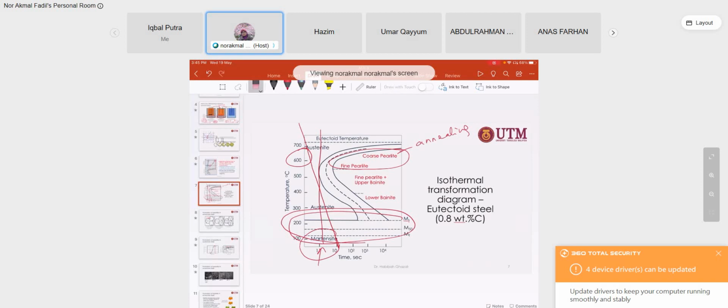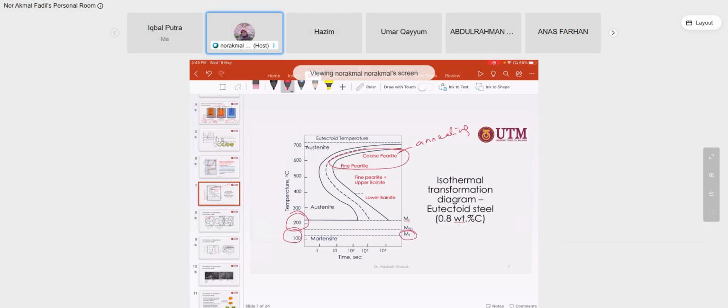So your cooling process to this temperature, to achieve 200 or completely finishing Mf, referring to finish formation of martensite, 100%, you need to achieve this within less than 1 second. Okay, less than 1 second. This is low.